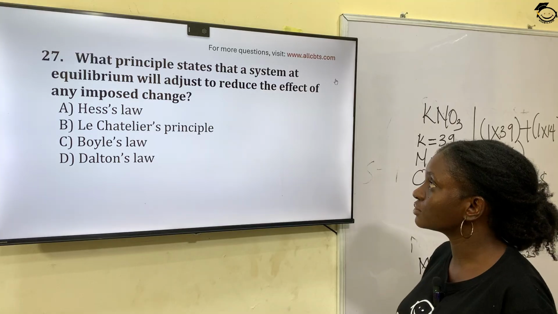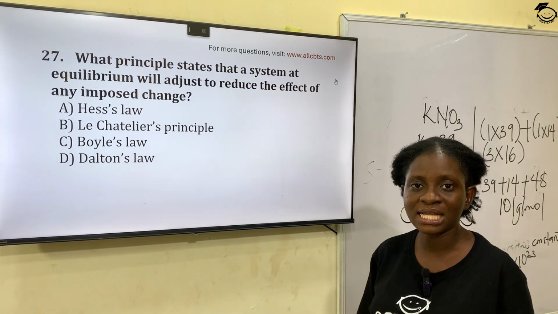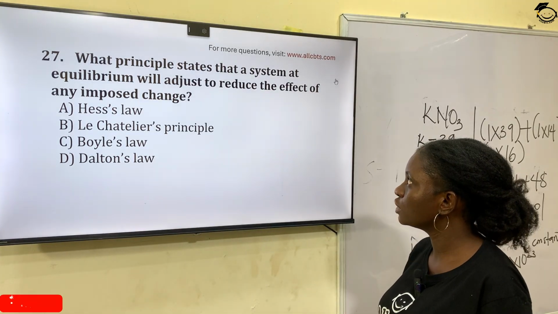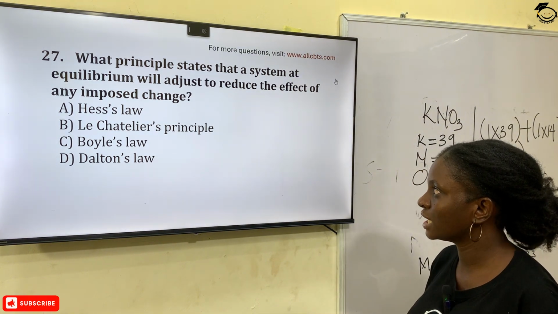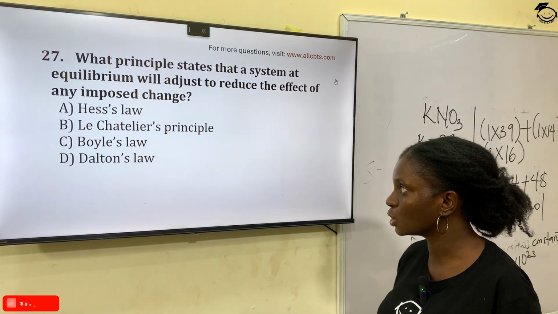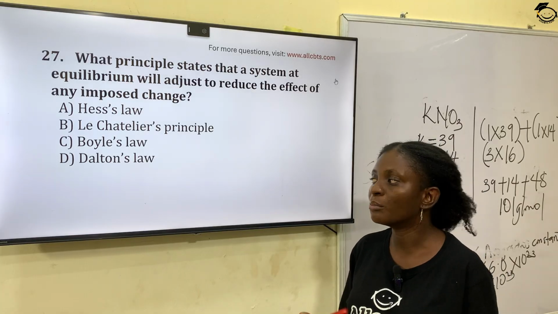Question 27. What principle states that a system at equilibrium will adjust to reduce the effects of any imposed change? Option A, Hess's law. B, Le Chatelier's principle. C, Boyle's law.